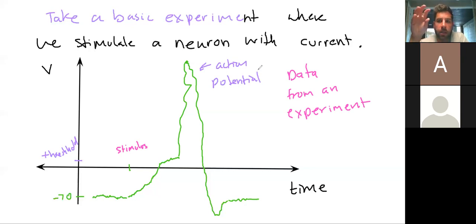And depending on how much physics you understand, you might think of words like repolarization or hyperpolarization and all this kind of stuff that you might put with this data. So this is what we see. We do an experiment, we see this.